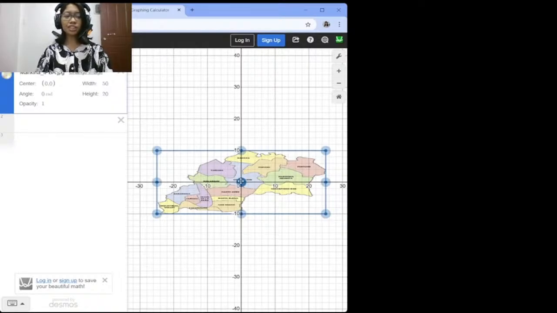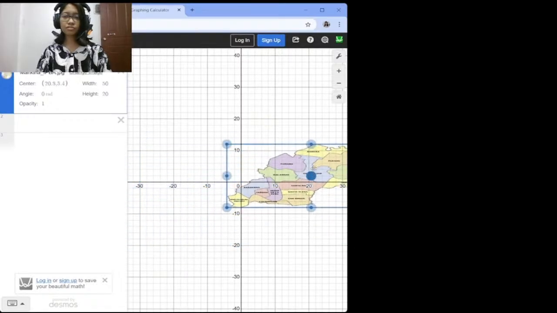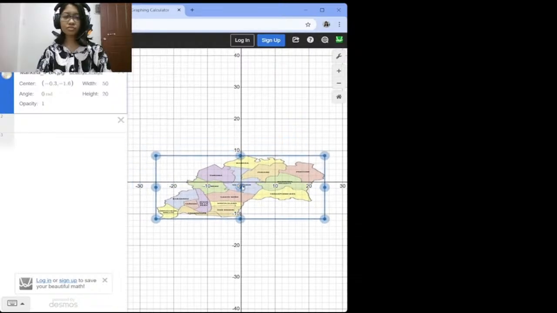A compass-like symbol appears. Then hold and drag it to your desired position. Okay, we'll save this for now and we'll be using this later when we have the barangay's coordinates.